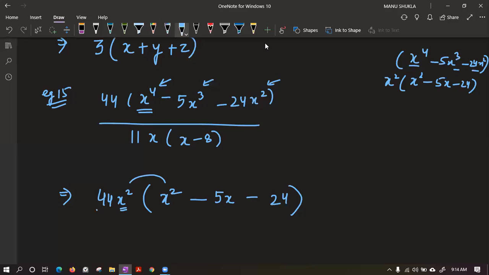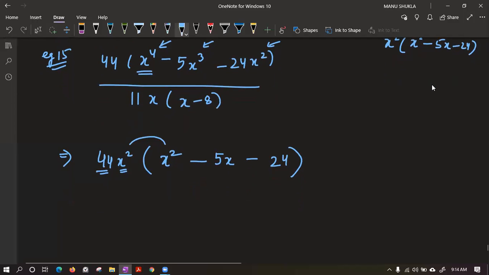And outside we already had 44, so they both became multiplication. Yes, 44 was already out in advance, Joel is saying. Saurabh, I hope you are able to understand. X square came out because of taking common, and when it came out, it came in multiplication with 44. Okay? Saurabh, please confirm.